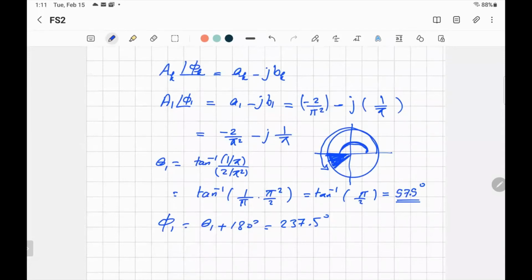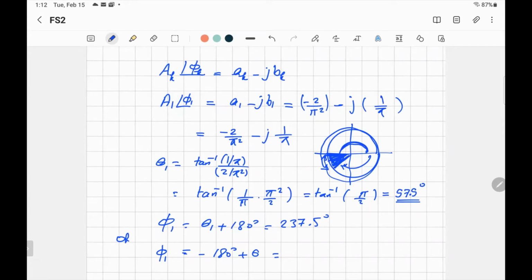And also there's a way, because you might find two answers. That's why I'm telling you about all the possible answers if you have multiple choice. You can look at it from the negative side. You can say phi 1 is minus 180 plus theta, right? If you go from here to here, that's negative 180, and then you add the theta, then you reach here. So phi 1 is equal to negative 180 plus theta. So you have 57.5 minus 180.